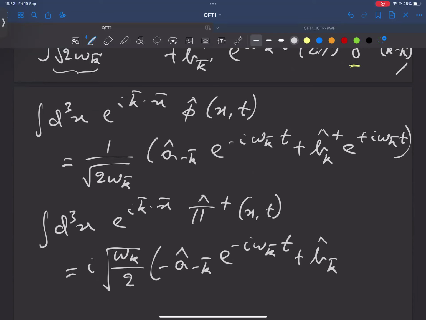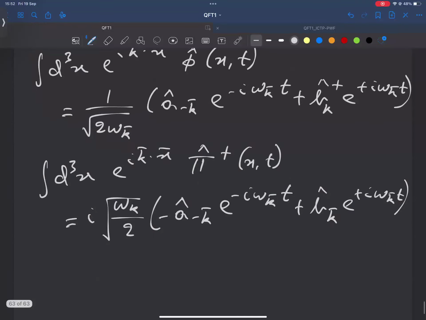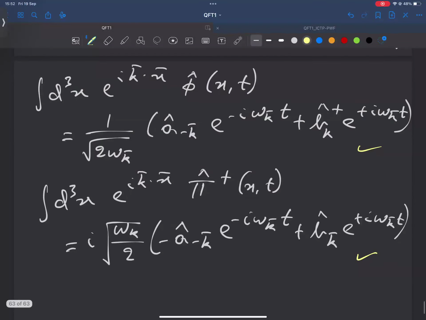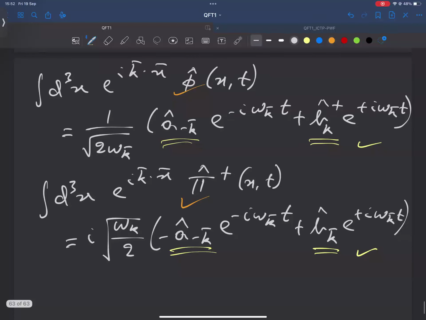B dagger k e to the power plus i omega k t. Now, notice using these two equations, you can multiply and add and subtract to write down these ladder operators in terms of phi and pi. So you can invert them. That's what we will do now.